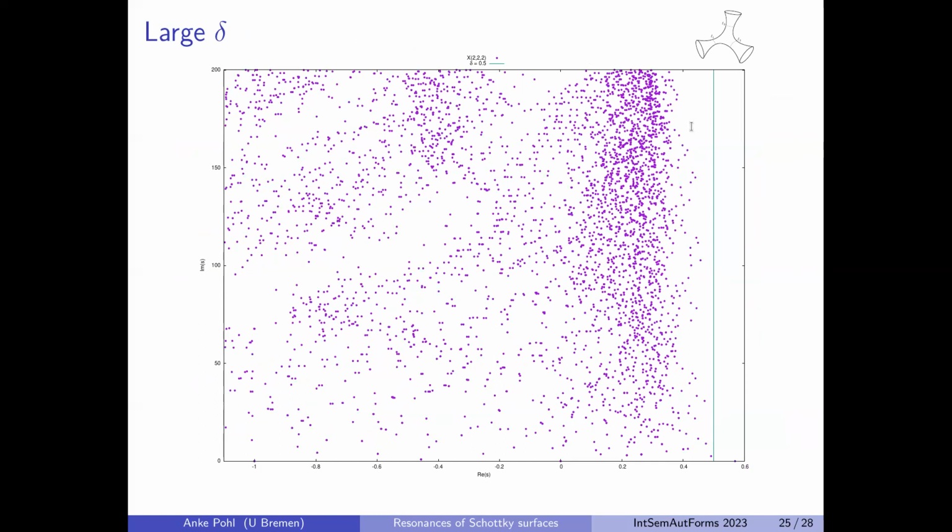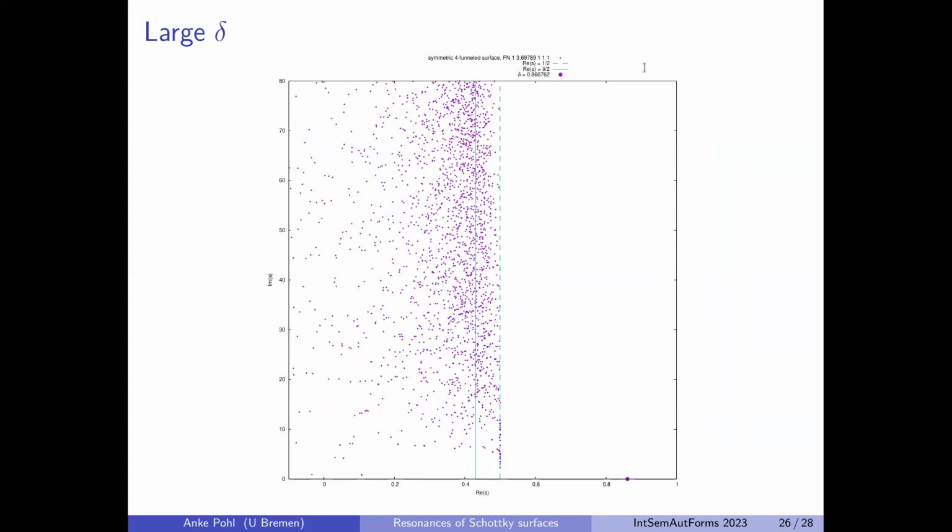Okay, next picture, which is a big problem sometimes in this business, because when it comes to larger numbers, things become complicated. The question was, when you have your first resonance large, meaning above 1/2, can you still do something? And here, yes, you see it's still possible to calculate these. Note this just goes up to 200 because we had to stop somewhere in the calculation. So also here you still see these structures.